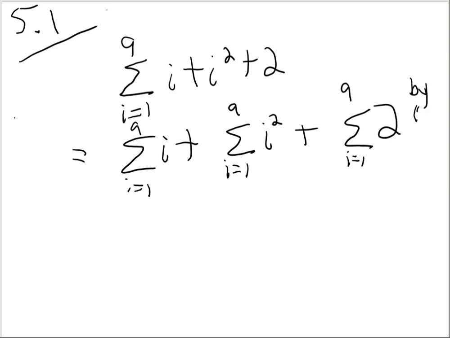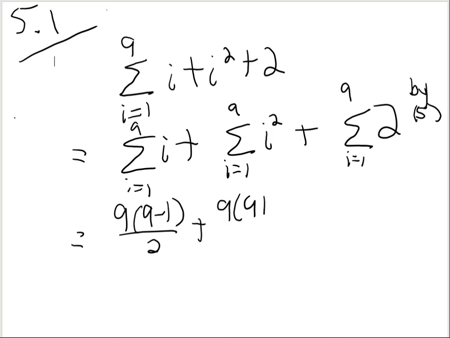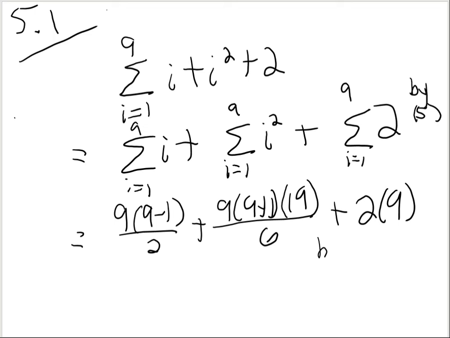So by 5, each of these is its own separate sum. The first one is 9 times (9 plus 1) over 2. Plus the second one will be 9 times (9 plus 1) times (2 times 9 plus 1, which is 19) all over 6, plus 2 times 9. And that's by a whole bunch of rules: rule 2, rule 3, and rule 1.